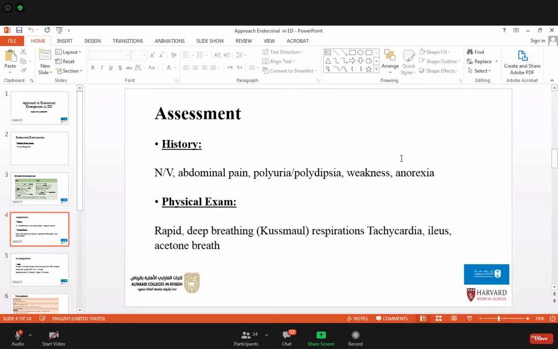It's kind of deep, rapid breathing, and you feel like he's breathing so deep, but it's a little bit higher than the normal respiratory rate. So respiratory rate, you can accept up to 19, 20. If it's more than 20 per minute, then it's actually tachypnea, right?